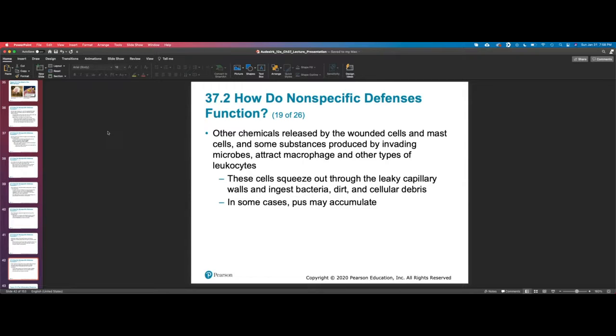Some kinds of white blood cells can actually squeeze through these capillaries and get to the area as well.